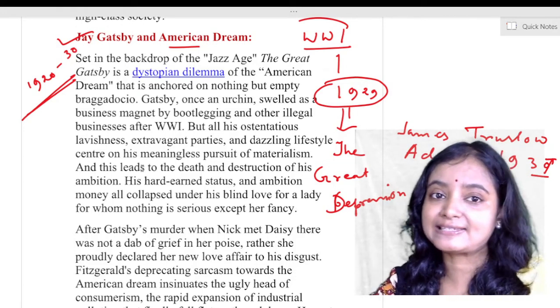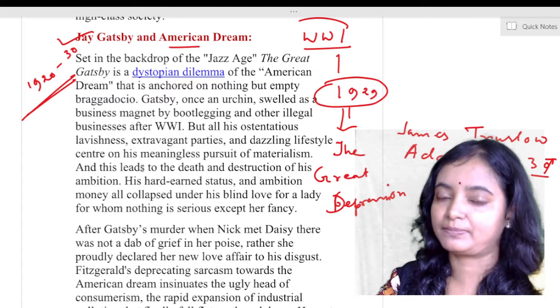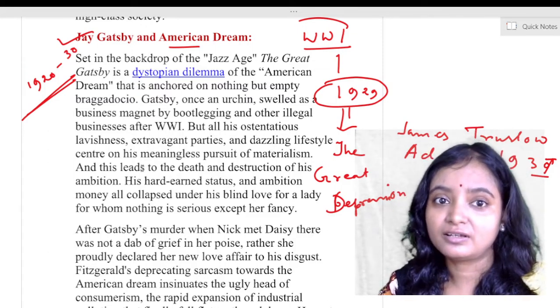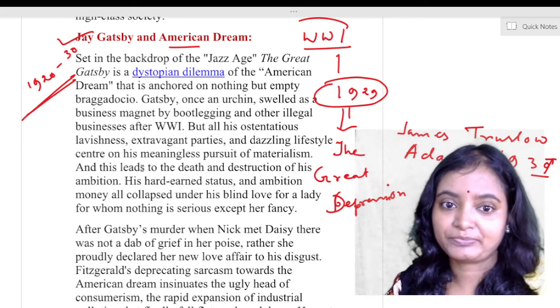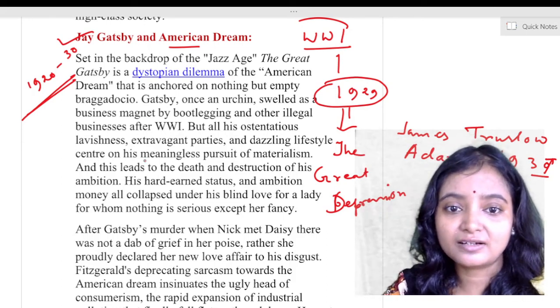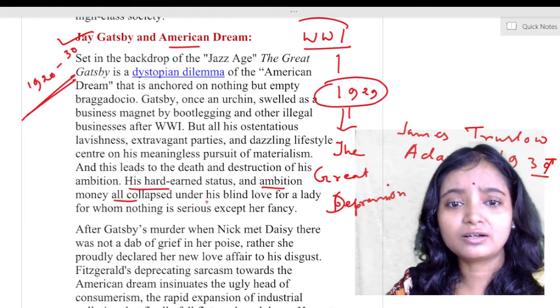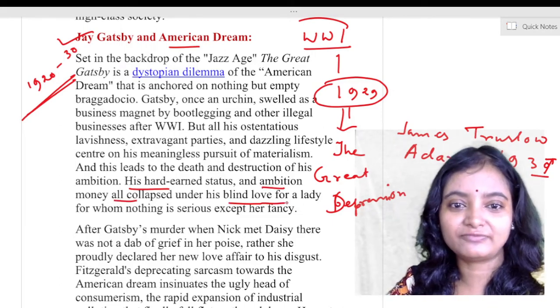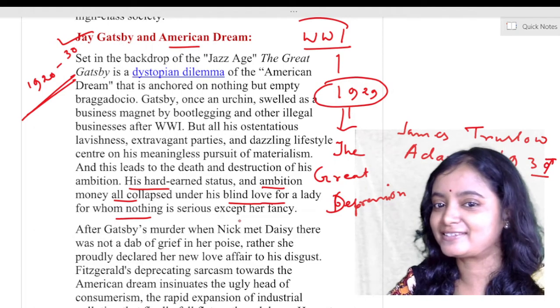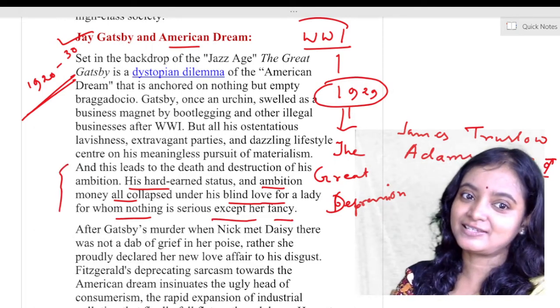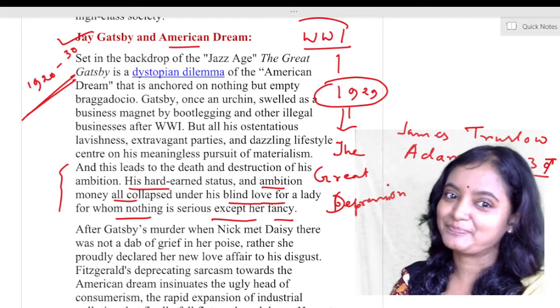But with his death, both he himself and the American dream came to a halt, totally shattered. His hard-earned status, his ambition, money, all collapsed under his blind love for a lady for whom nothing is serious except her fancy. And Daisy Buchanan is just another name for fancy.